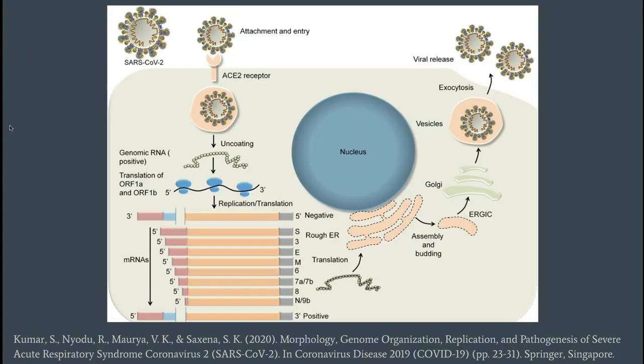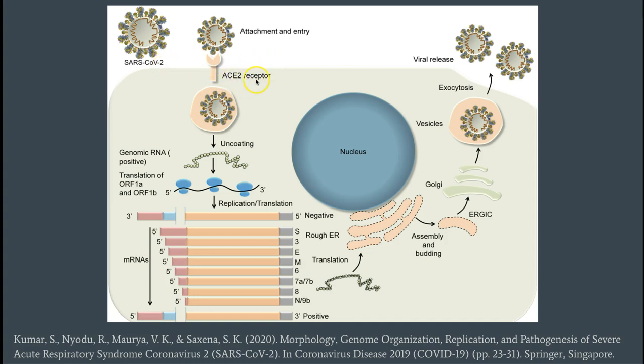This right here shows how a virus infects a human. This is showing SARS coronavirus 2, although the mechanism of action for SARS CoV-1 and MERS CoV is pretty much the same, just with different receptor bindings. Coronaviruses primarily infect human lung cells.